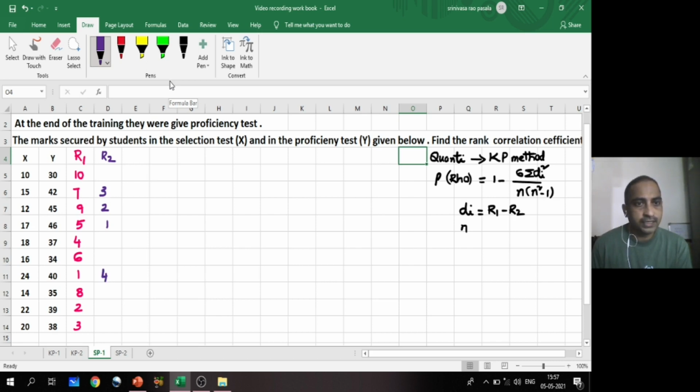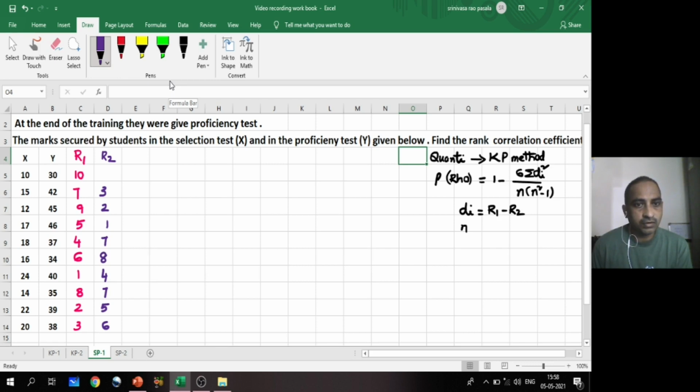After 40, 39 is 5. After 39, 38 is the 6th rank. After 38, 37 is the 7th rank. After 37, the next highest is 35, so 8. After 35, 34, that's 9.